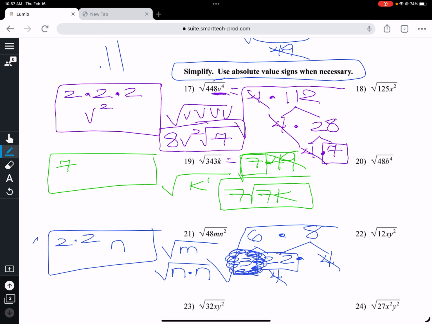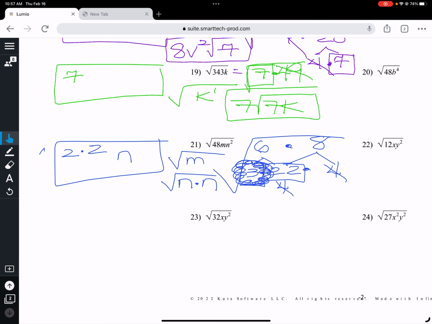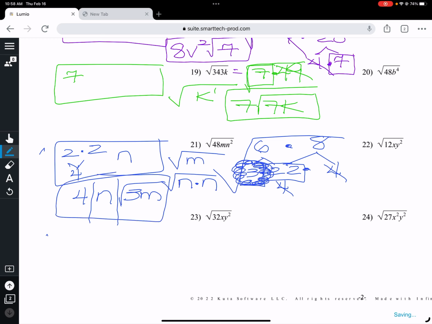So your final answer, and remember 2 times 2 is 4, will be 4 absolute value of n, radical 3m.